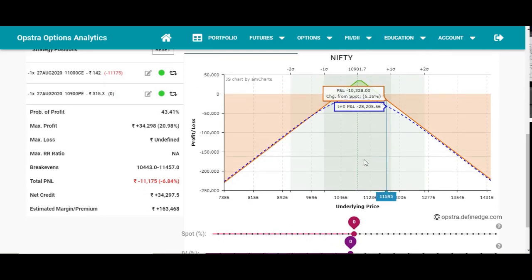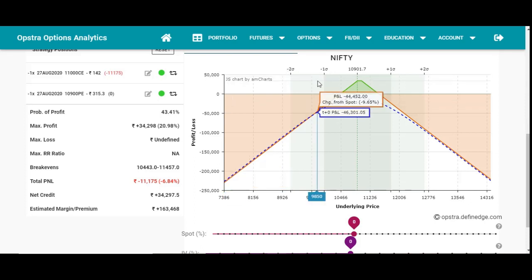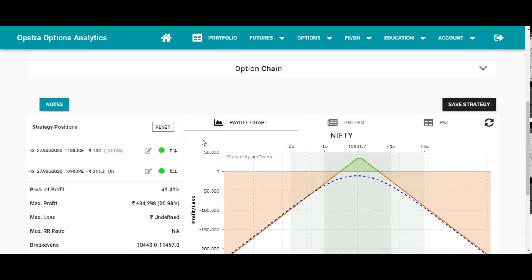We converted our naked call option into a short straddle, and even if it further goes wrong, we can move this put option 100 points upside. After that, if there is further upside movement, we can create a short straddle at the level of 11,200 or 300, or we can do some credit spreads. So these are some simple adjustments.